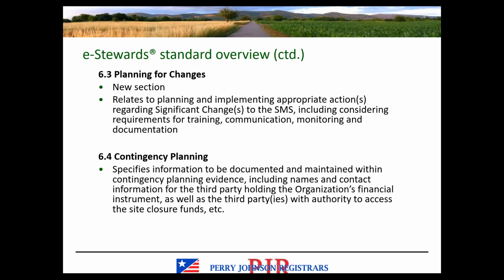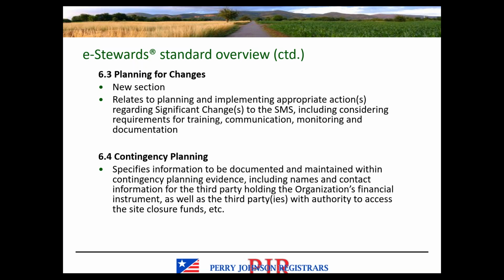Another way you might be familiar with this concept would be management of change, essentially having a proactive process for planning changes before they occur that could have an impact on the management system.